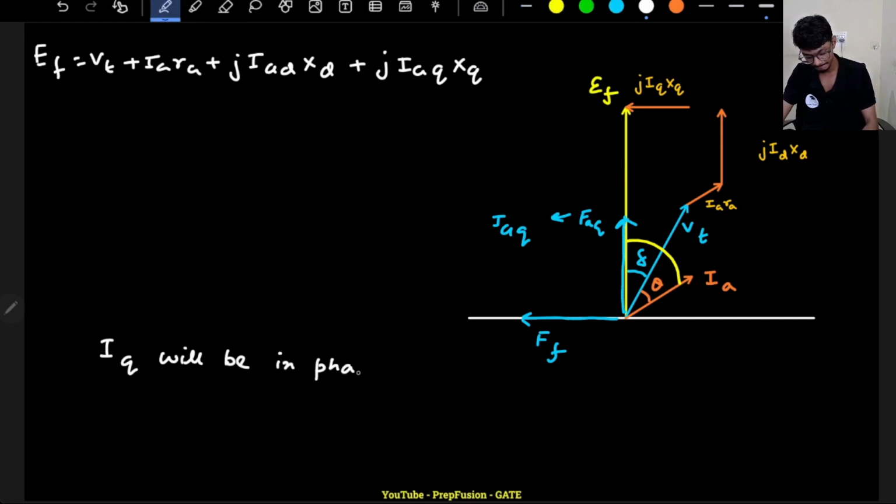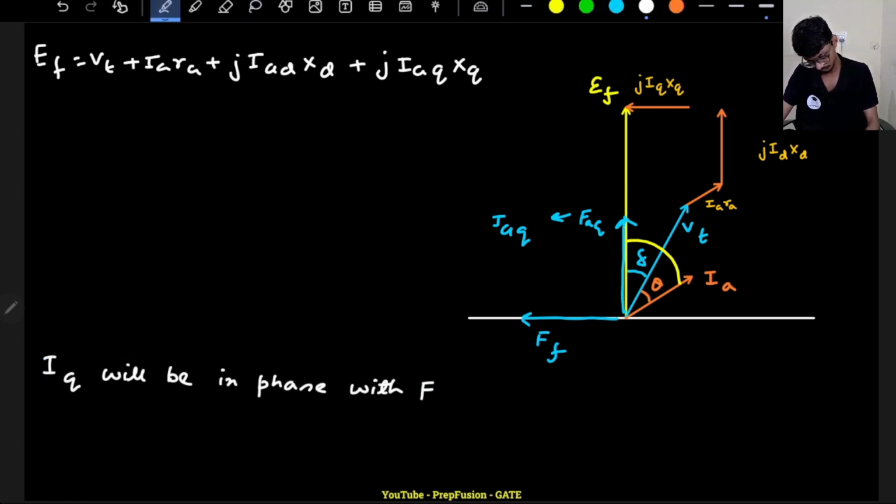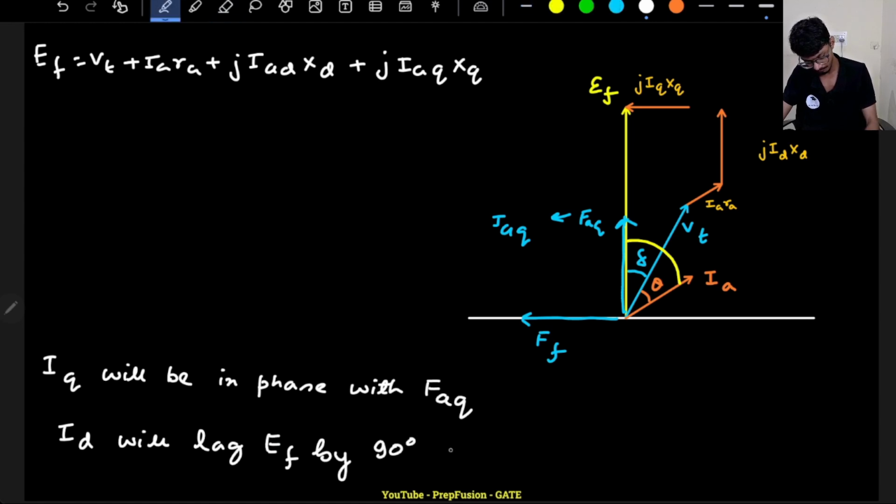IQ will be in phase with FAQ, and your ID will lag EF by 90 degrees. Yeah, so that is the case over here.